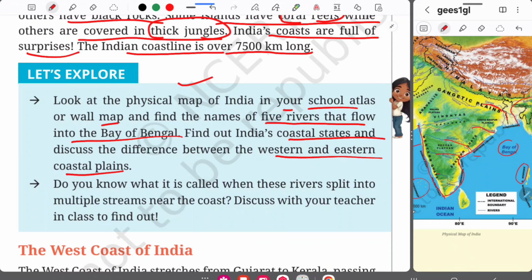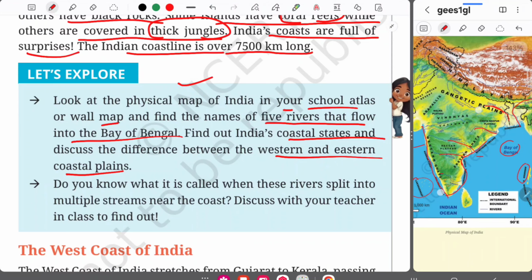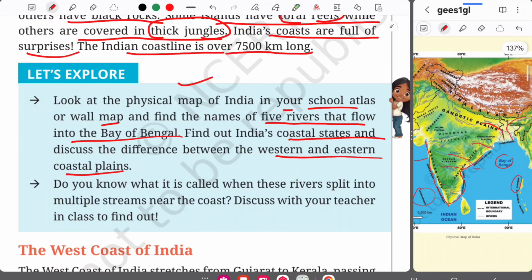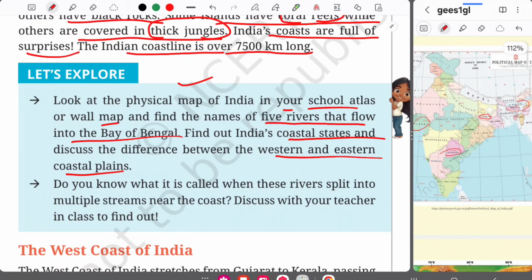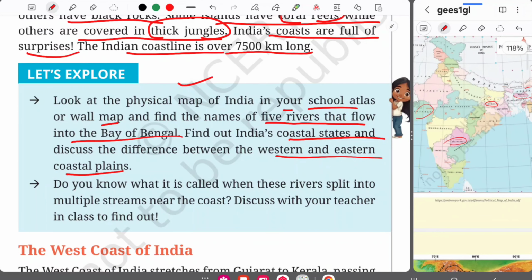So what are the coastal states in India? The coastal states in India on the west side, let us see the political map first, here you will understand more. Let me erase these things. You also examine the map, then only you will be able to understand.